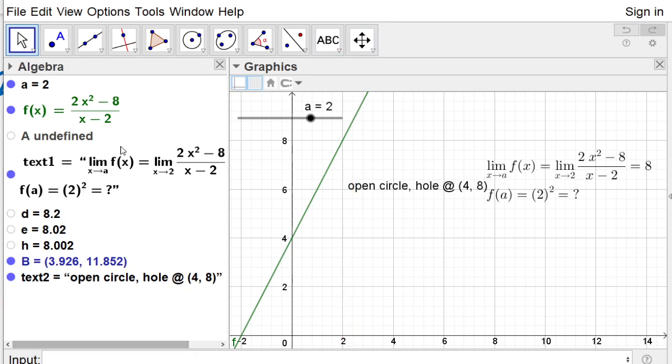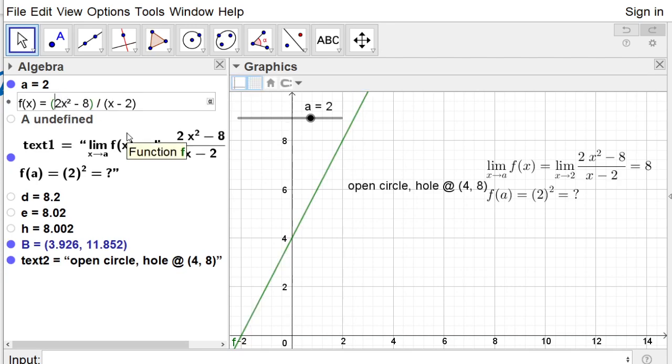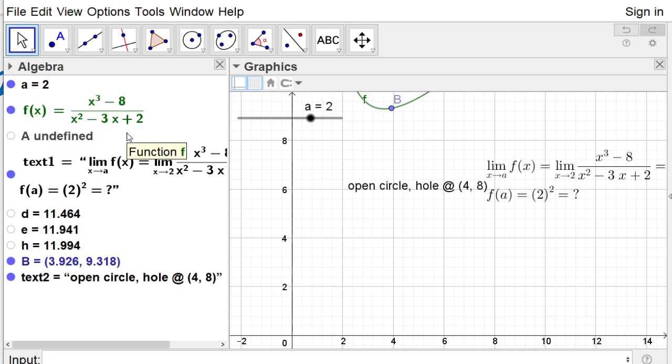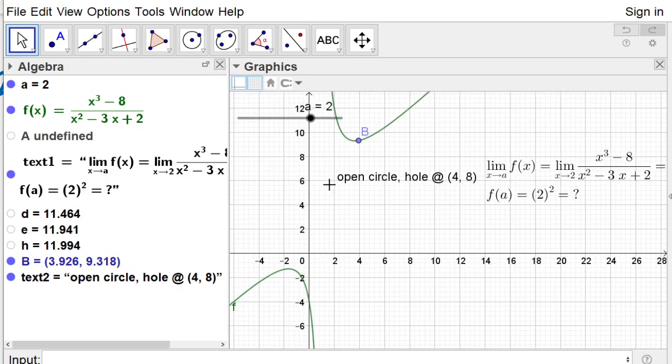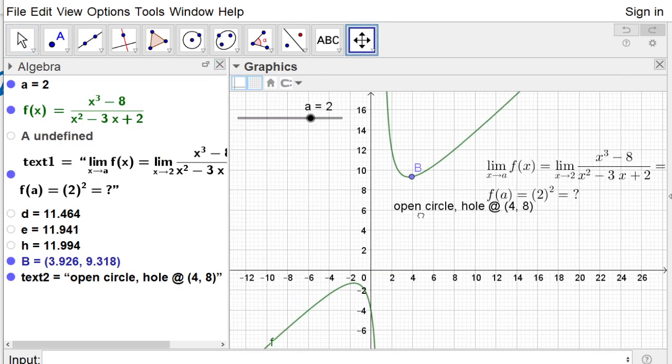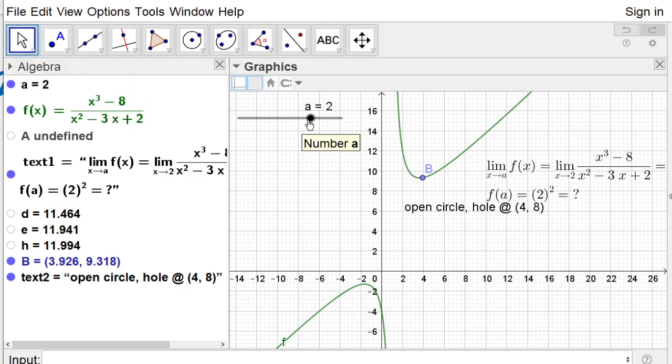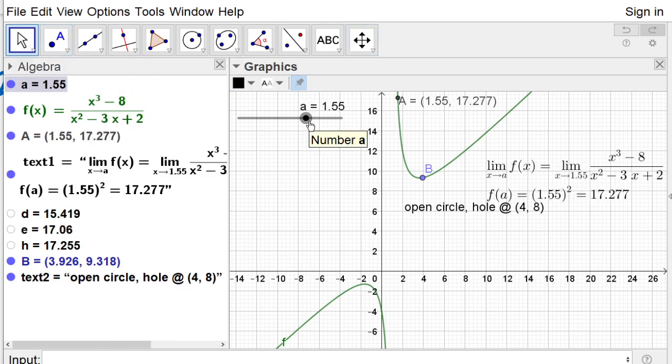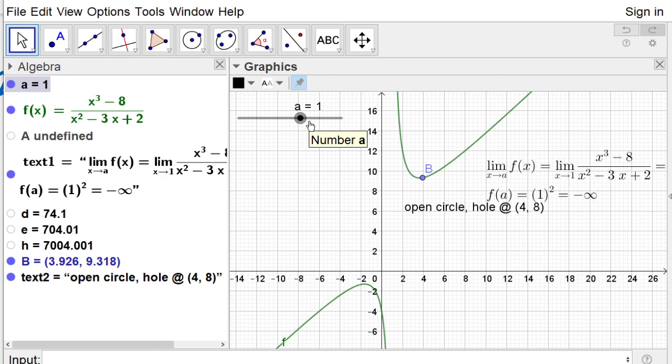Let's demonstrate that. The function we were working on was x cubed take away 8 over x squared take away 3x plus 2. Right, that was the function we were looking at. Now notice, if this function asked you about 1, you would have to say there's no limit.